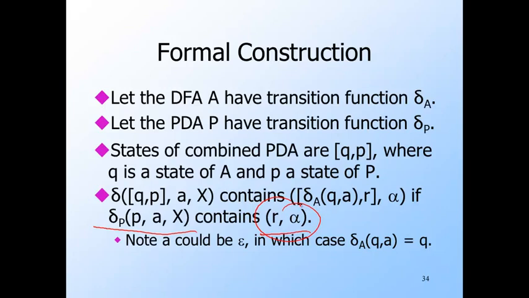Then the new PDA, whose transition function we call simply delta, given a state with P as the second component, input A, and stack symbol X, that's this, has a choice of move where the new state has second component R. The first component is what you get by having the DFA make a transition from state Q with input A. That's delta A of Q and A. Note that A could be epsilon here, in which case delta A of Q and A is just Q, or it could be a real symbol in which delta A of Q and A is something else.